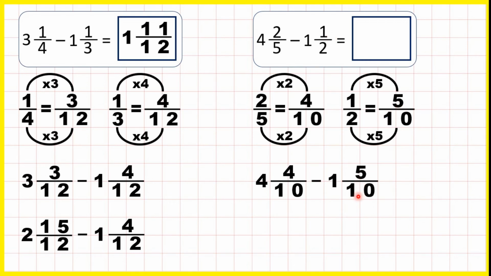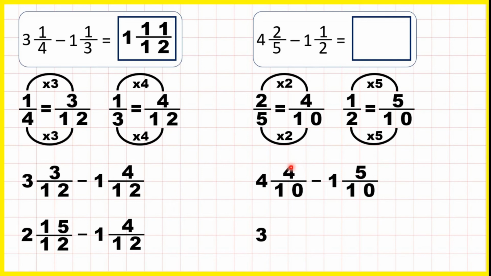But again, we've got the same problem. If we look at our fractions, we can't take 5/10 away from 4/10, so we need to use the exchanging trick again. Remember, we take 1 away from our whole number, so 1 less than 4 is 3, and then we can add the denominator to the numerator.